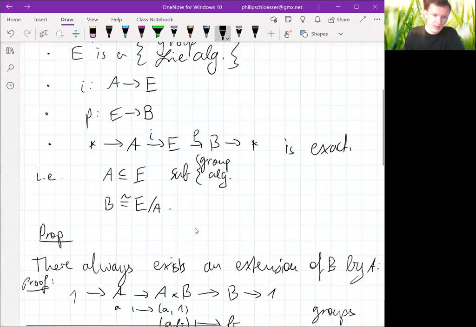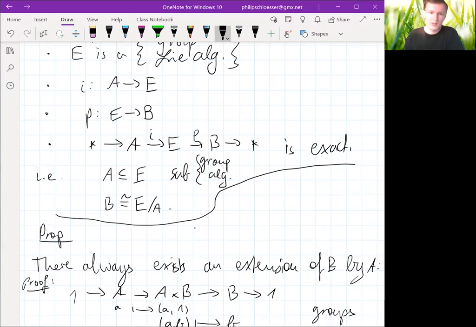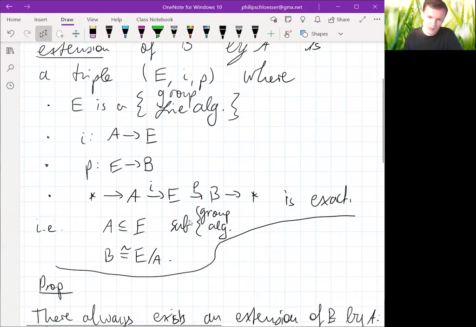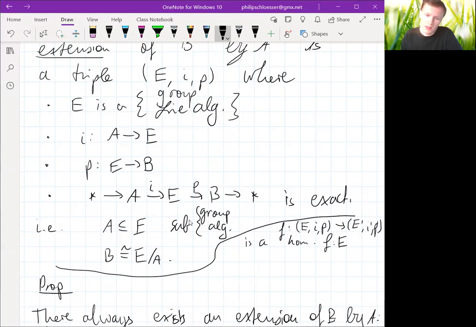And maybe at the beginning here I should have mentioned that a morphism between extensions is a morphism between the E's. So F, from (E, i, p) to (E', i', p'), is a group or Lie algebra homomorphism from E to E', such that when we write the two diagrams, so we have star goes to A, goes to E on one hand, and goes to E' on the other hand, goes to B, goes to star again, and here we have our F, such that this commutes.